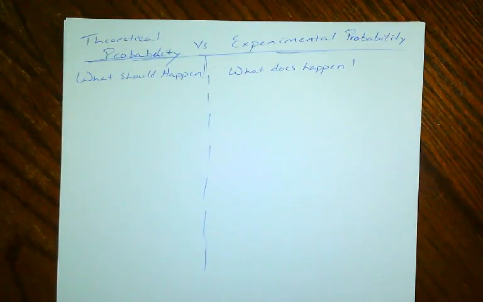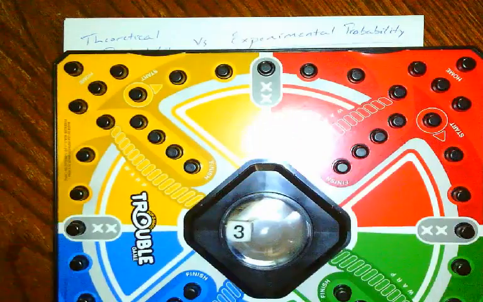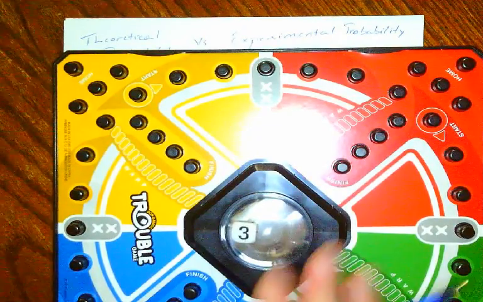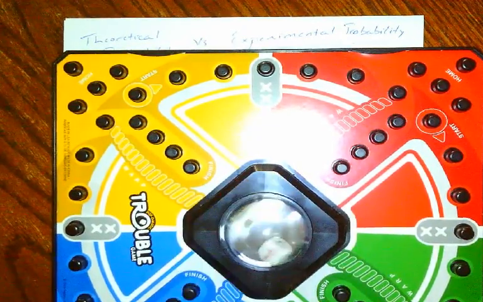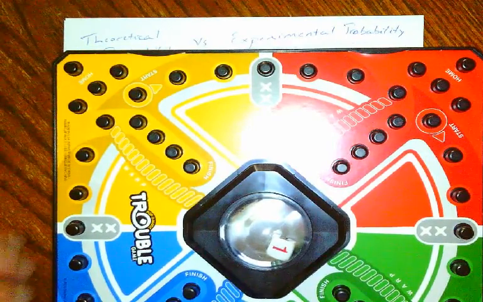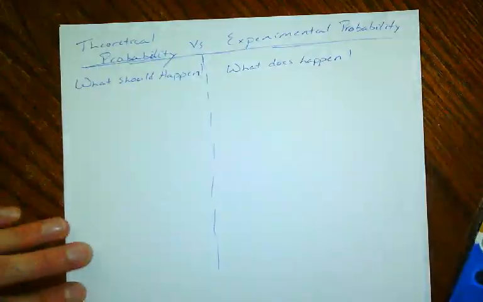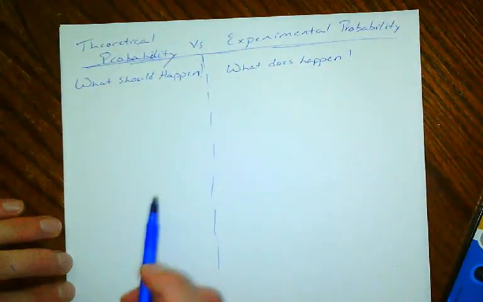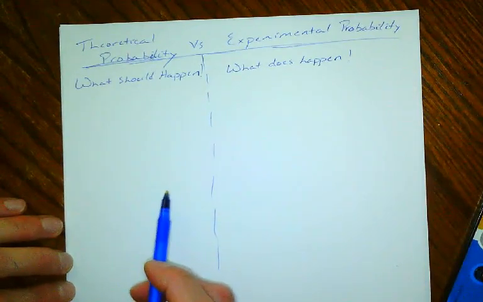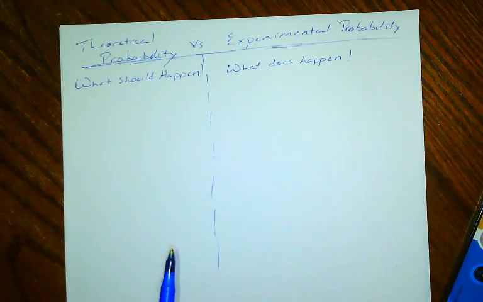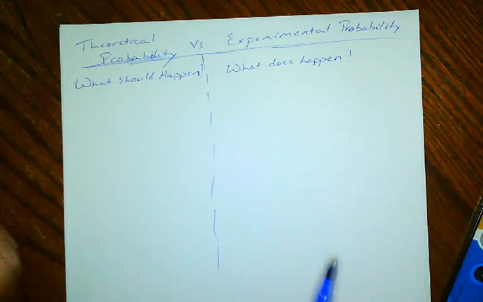Let's go back to the trouble example. Here's my trouble board. We've got a standard six-sided die. You push it, it pops up, and gives you 1 through 6. Theoretically, all these numbers should have the same likelihood of happening.